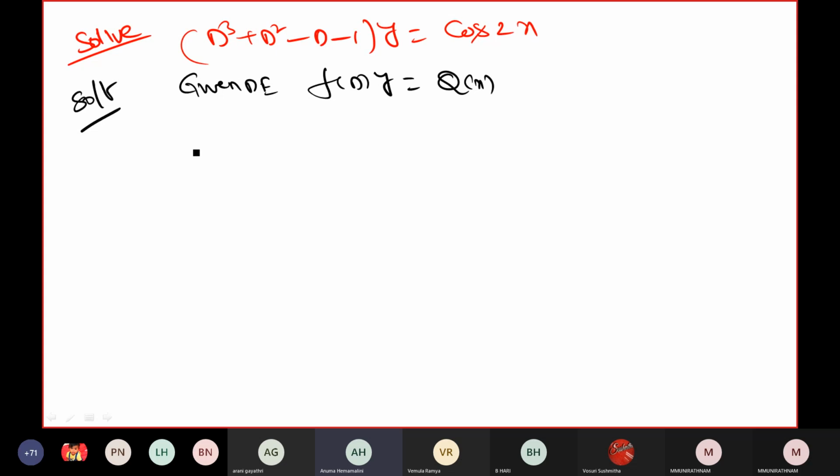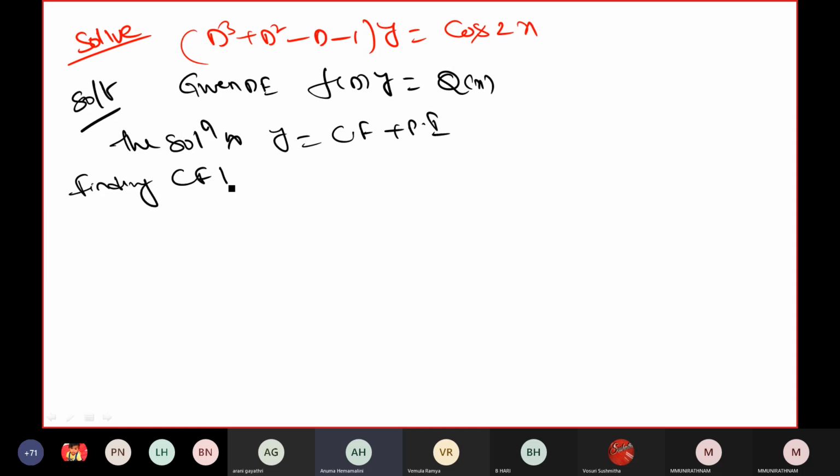So which is in the form of f of D into y equal to Q of x. The solution is y equal to CF plus PI. Finding CF. Consider homogeneous part.